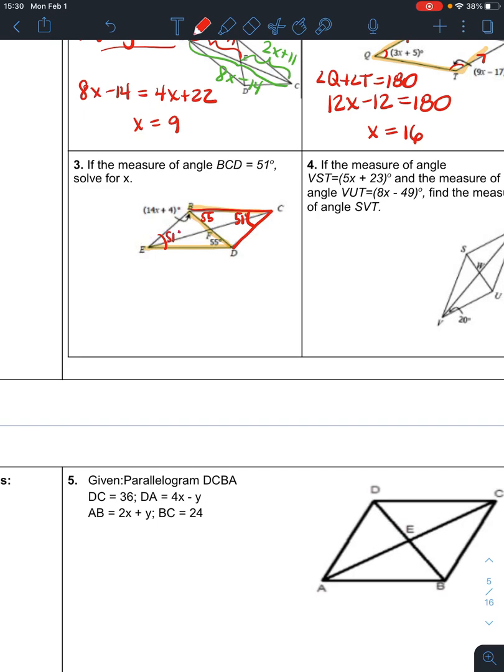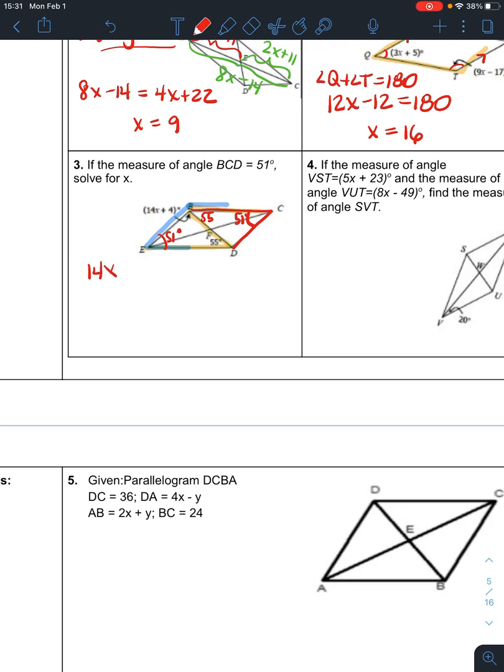I do know that this angle is 51 degrees. So whichever way that you can see it best, but what we want to see is this. Those consecutive interior angles add up to 180 degrees. So now that I've got that 55 labeled and that 51 labeled, it's easy for me to see how all of those angles together add up to 180.